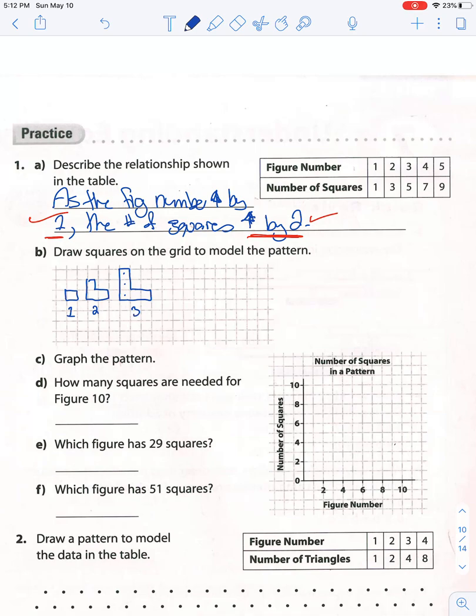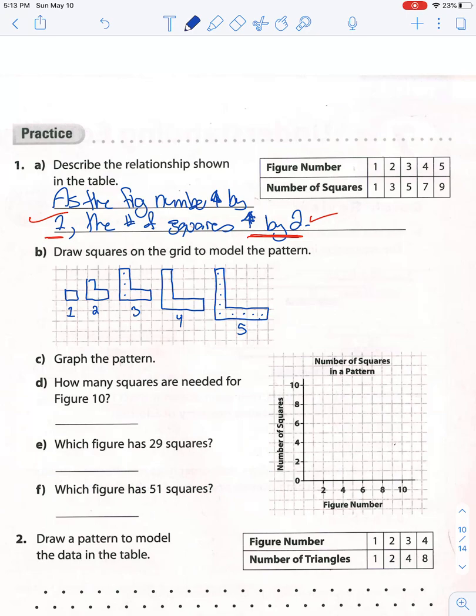You don't have to draw it like this, so you could draw a different way if you wanted to. And then the next one has 7 squares, and the last one has 9 squares. This is right. 1, 2, 3, 4, 5, 6, 7, 8, 9. Yep. Okay, so something along those lines. You didn't have to draw that exact thing though if you didn't want to.